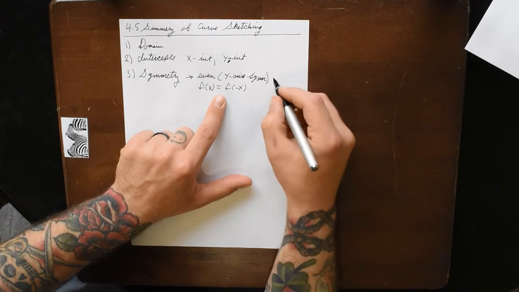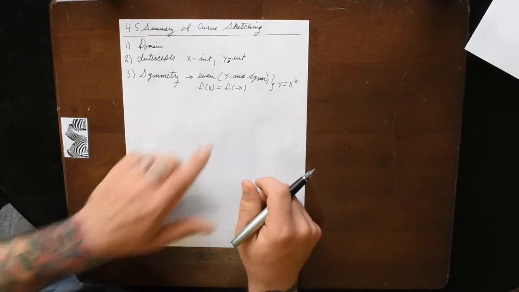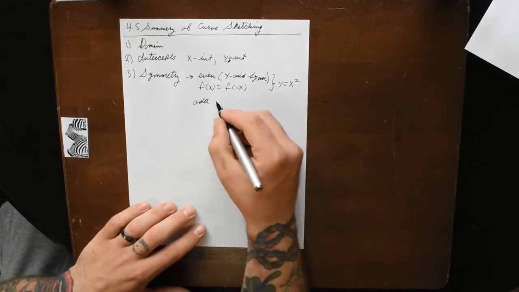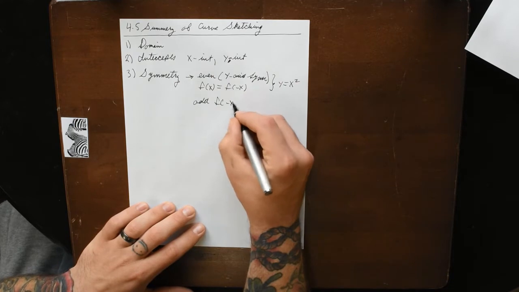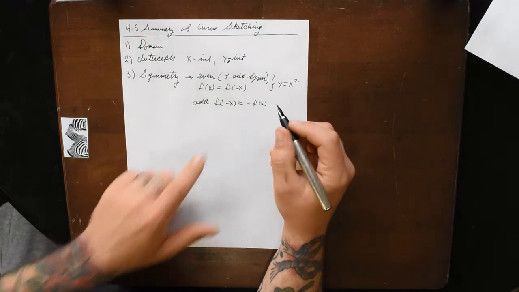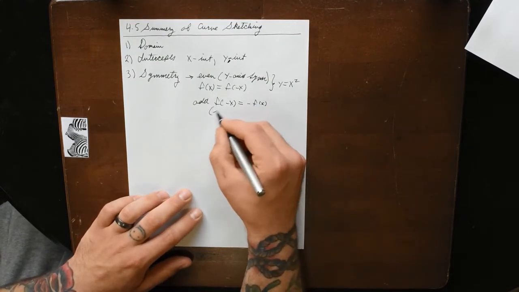Think of something like y is equal to x squared is even. So for odd, we have f of negative x being equal to negative f of x. This is another way of thinking of, instead of y-axis symmetry, this is symmetric about the origin.